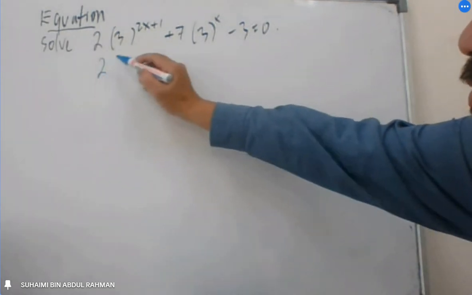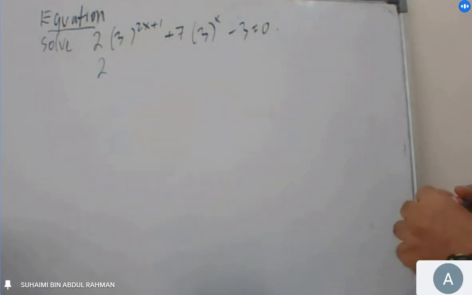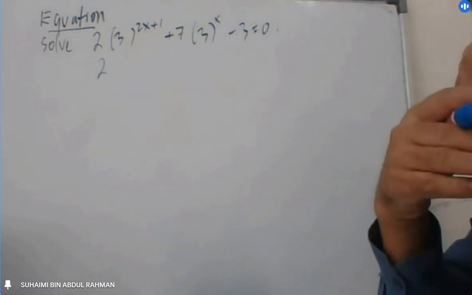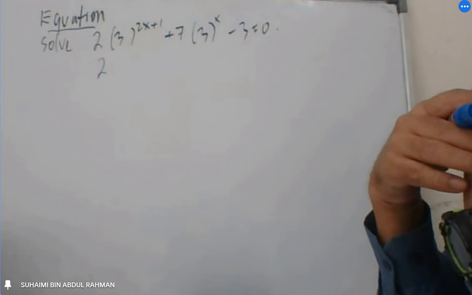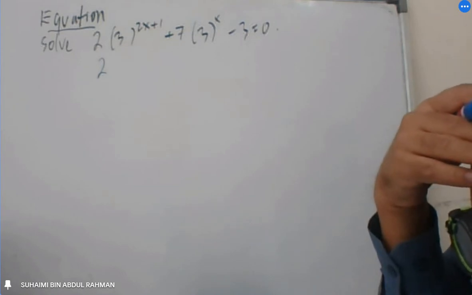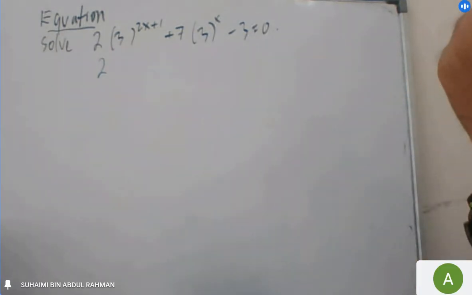The first term, 2 times 3 to the power of 2x plus 1, we will write as follows. What do we make this?